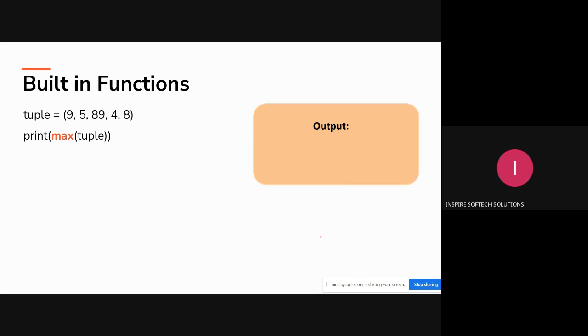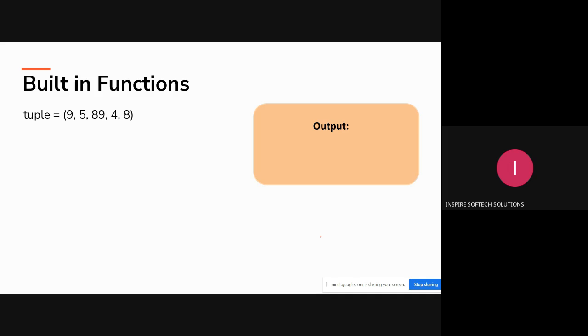In string we don't have max, but in list and tuple we have max. Now, what is the max of this tuple? 89. Then if you have max, for sure min should be there. So next min. The minimum of this tuple set of values is 4. So these are the three that commonly repeat.